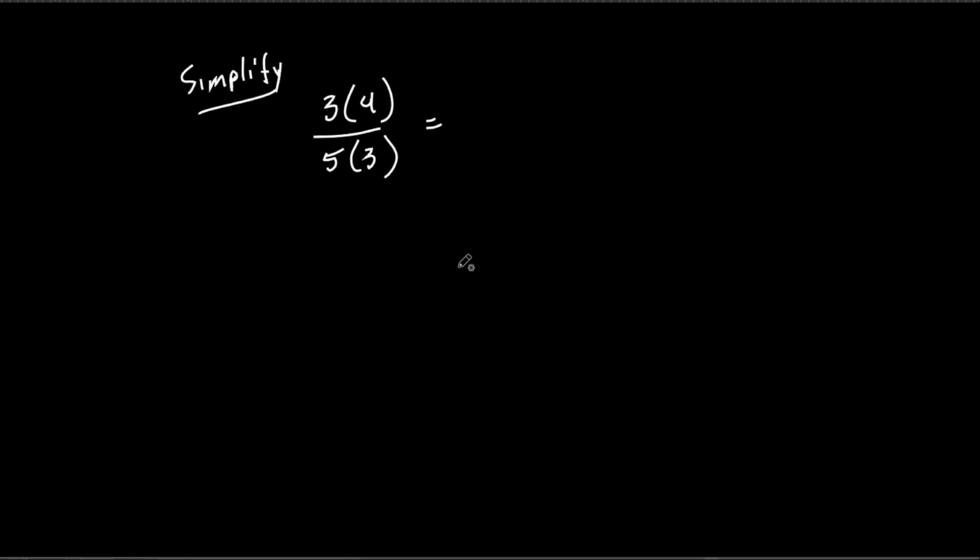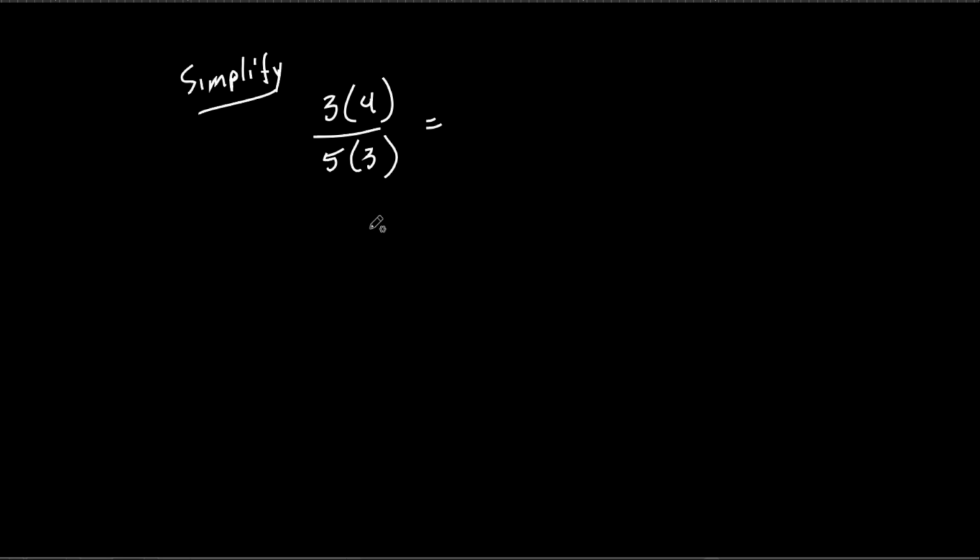What would you do? You could multiply. I wouldn't, though. 3 times 4 is 12. 5 times 3 is 15. You get 12 over 15. Then what would you have to do to 12 over 15? You'd have to reduce it, wouldn't you? But it's already ready to be reduced right now.